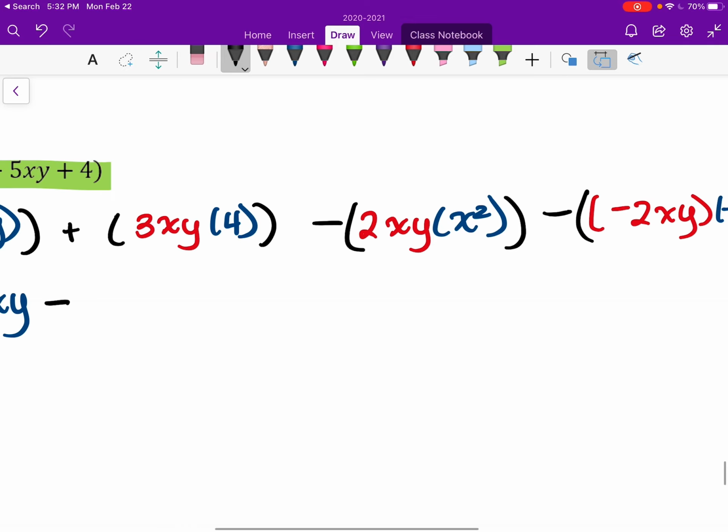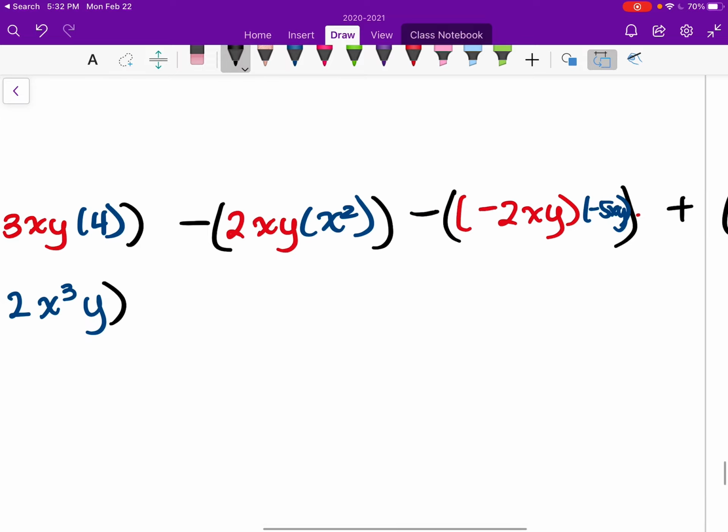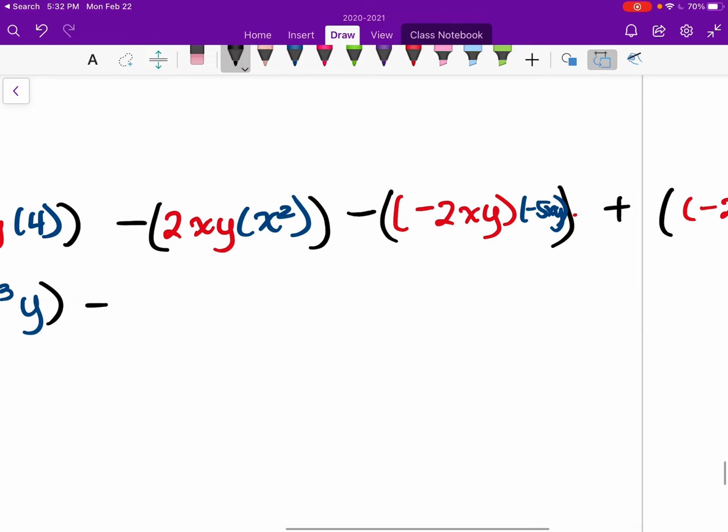Minus the 2xy, right? So minus, I'm just going to put this in a bracket as well. Always make sure you leave your brackets. Minus 2 times 1 is just 2. X squared times x is going to be x cubed, and then y. Minus negative 2x squared, xy minus 5x.